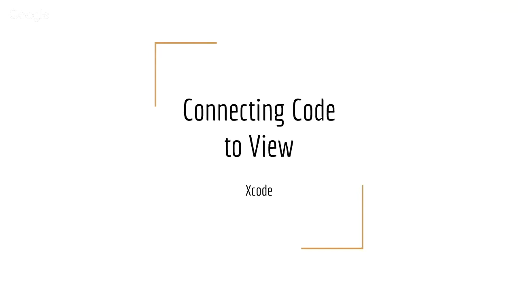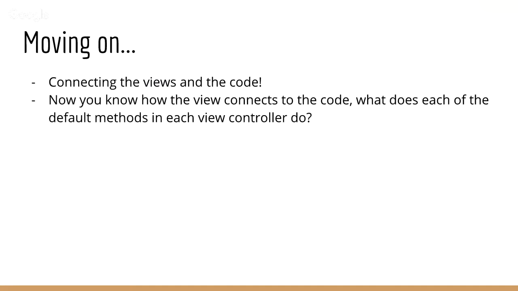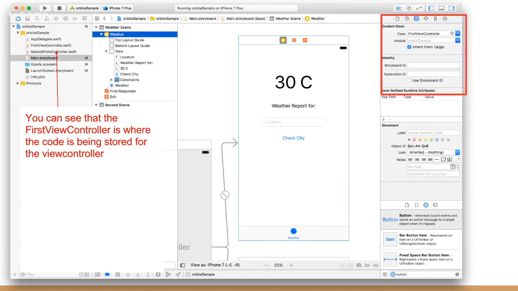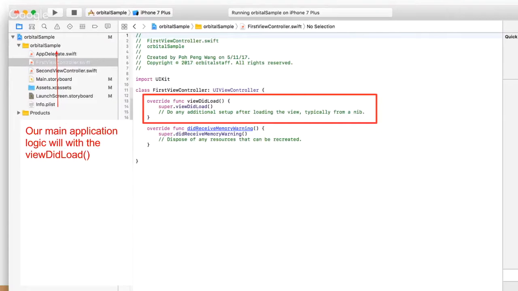This is what Xcode calls outlets. Okay. So we know that this is the first view controller, right? How do we identify it? Go to the third one, the identity inspector, and say, okay, this is the first view controller. So you have to go to the first view controller file, and you see this.